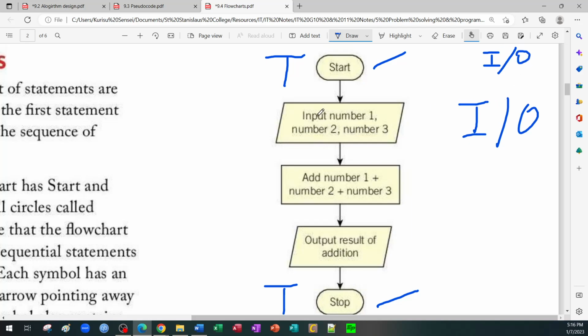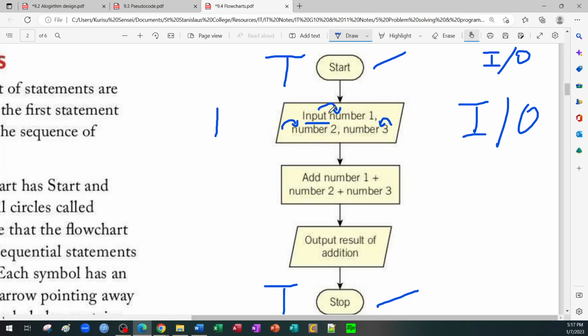So here the parallelogram, the first shape in the flowchart, has an input keyword indicating we are putting data into the variable called number 1. You're putting data into the variable called number 2, and you're putting data into the variable called number 3.